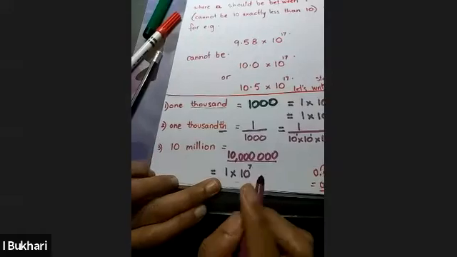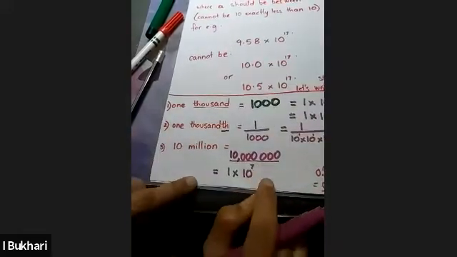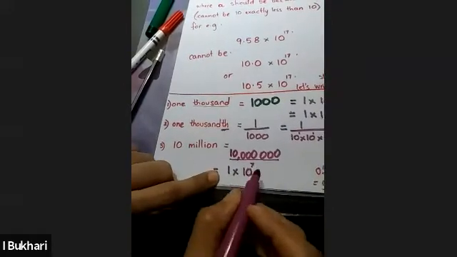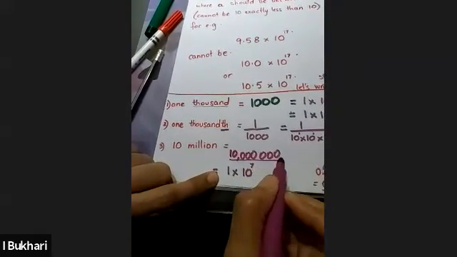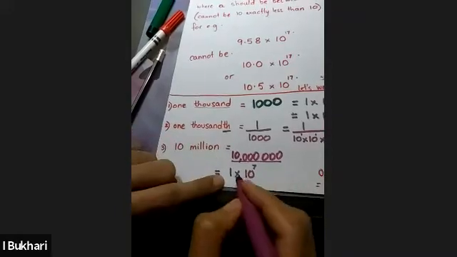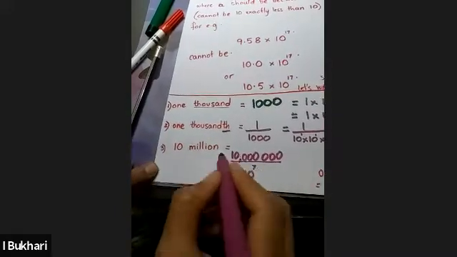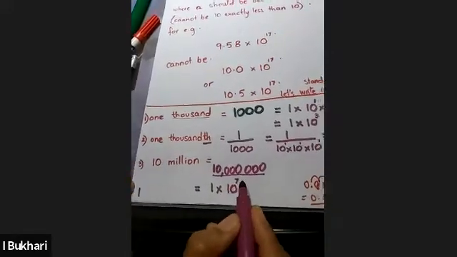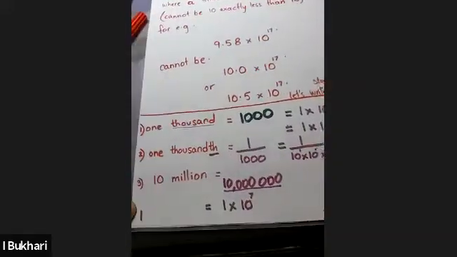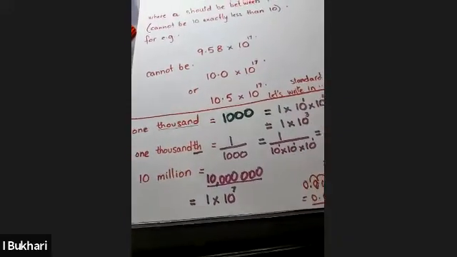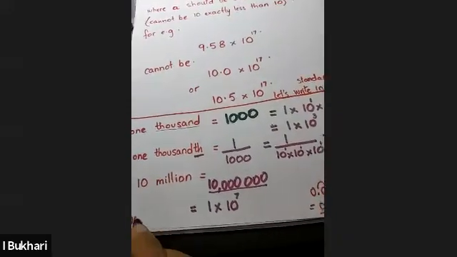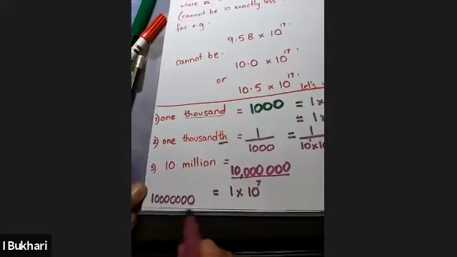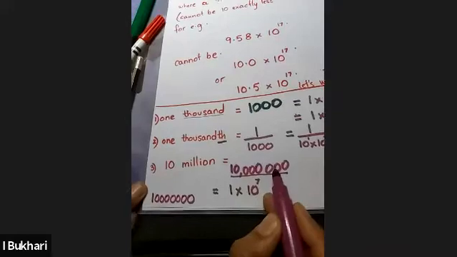Another method of cross-checking your answer: solve this and see if you're getting the same number. You can convert this back. You will write 1 and then 10 to the power 7 means 7 zeros. So just write down 7 zeros: 1, 2, 3, 4, 5, 6, and then 7. Cross check it and see if you're getting the same answer.